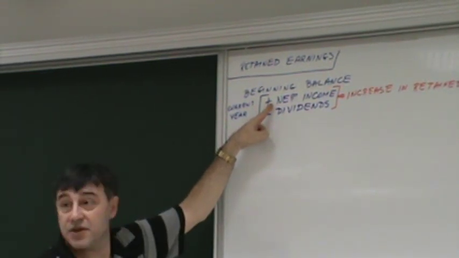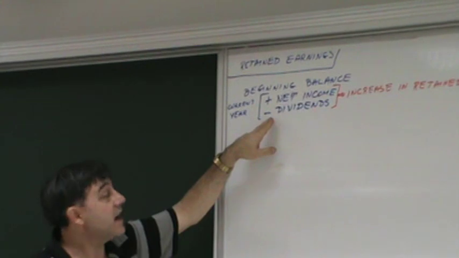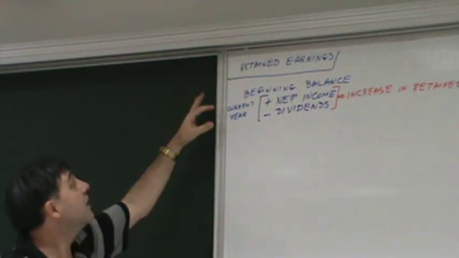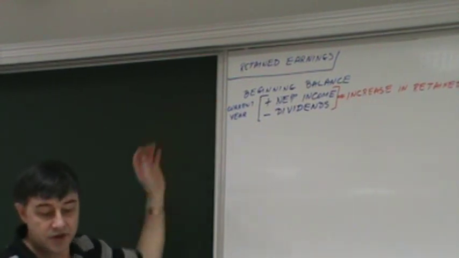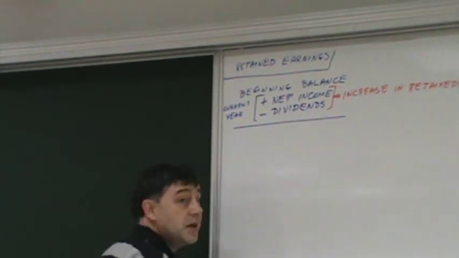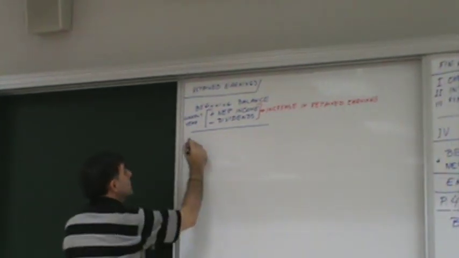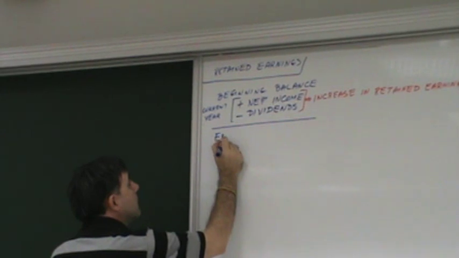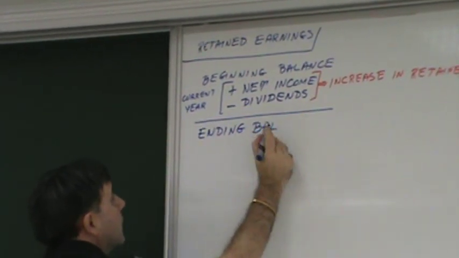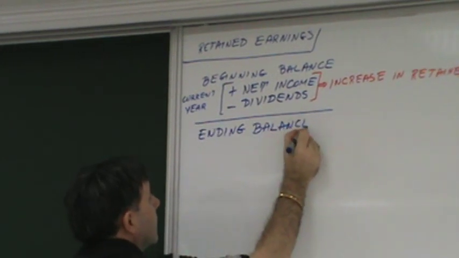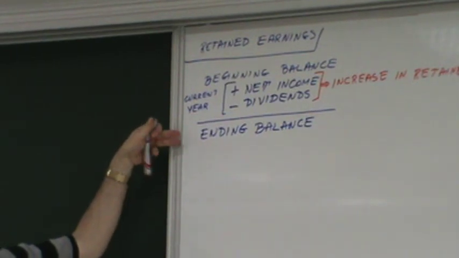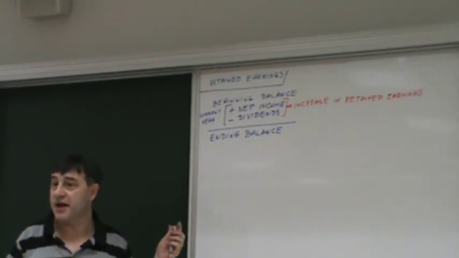From the income statement, you get the net income, okay? And you subtract the dividends, and you get increased in retained earnings for the current year. And then you simply draw the line and say ending balance. And this is the ending balance for retained earnings, okay?